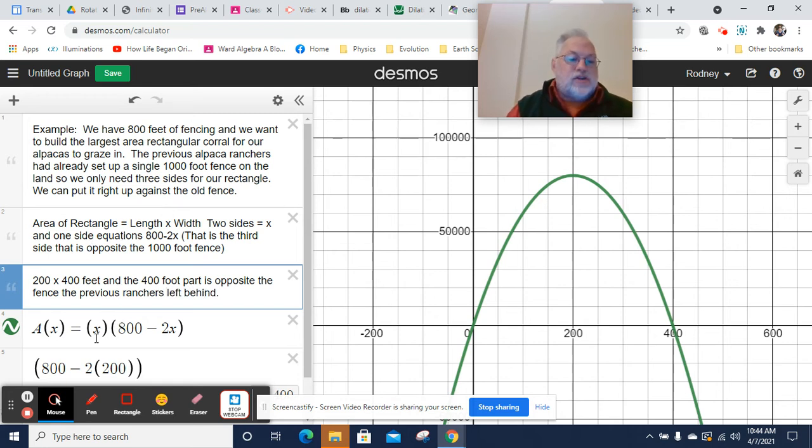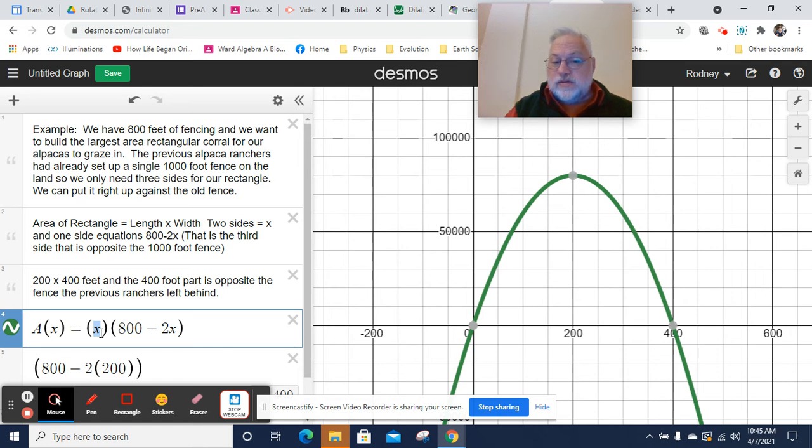Once again, just to recap: I knew two sides would be opposite each other, then I had a third side that was opposite the 1,000-foot fence. I knew I had 800 feet to work with. So we said x for the unknown two sides, each of them would be x, and that would use up 2x of the fence.